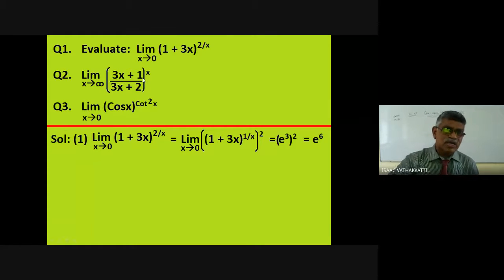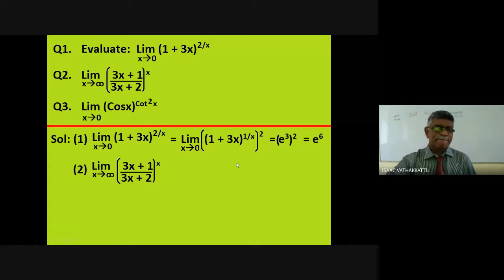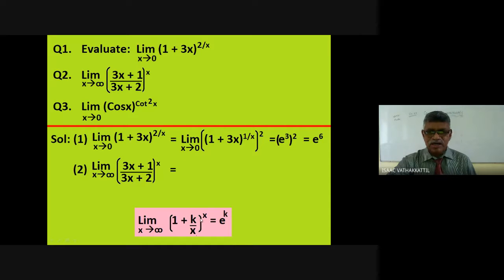Second one is a different one. Numerator 3x plus 1, denominator 3x plus 2, raised to x, x tends to infinity. What I can do here is, we have a different formula here, limit x tends to infinity. This was x tends to 0, but you see the position of x here.